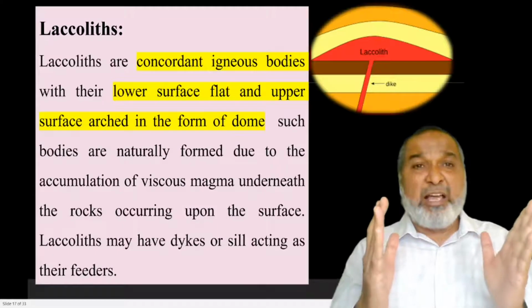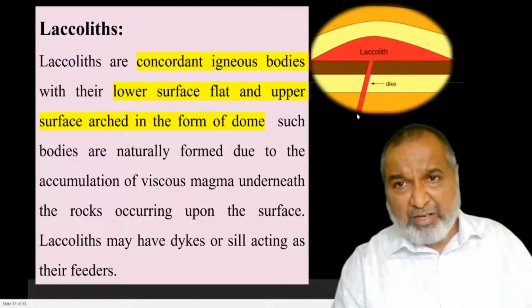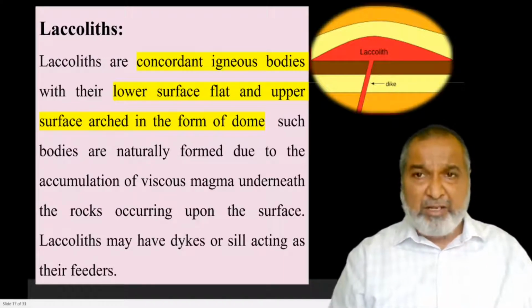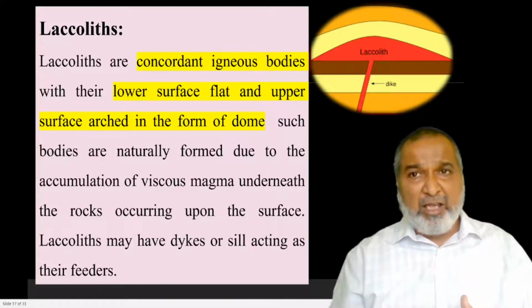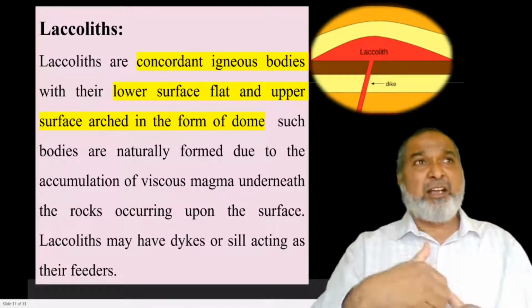The next one is the laccolith. You can see the diagram. The dike is an intrusion, but here the pressure of the magma does not remain so high that it can cut the country rock and come out.